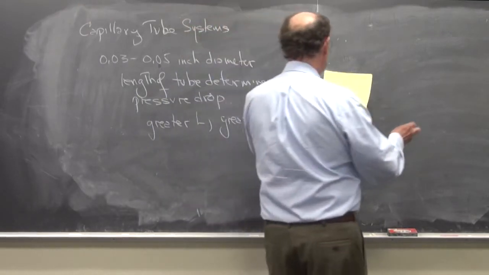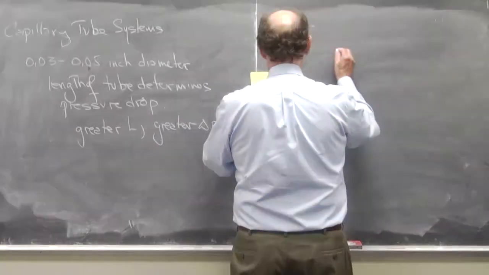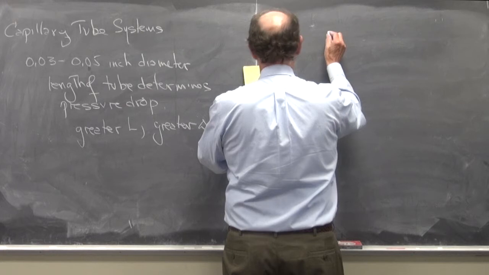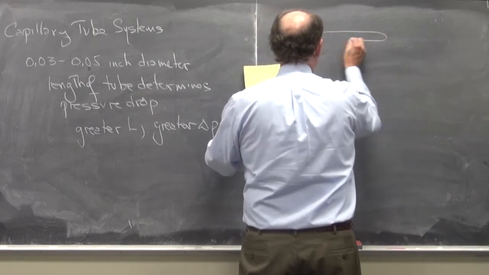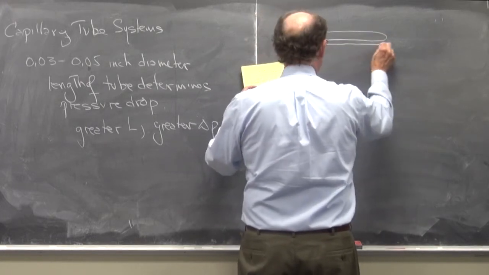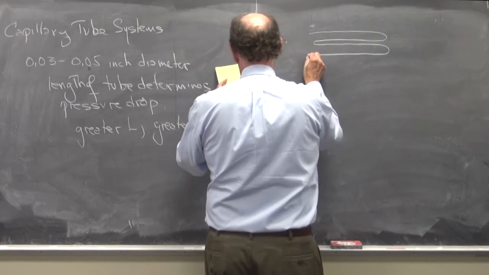So if we look at this, and we'll start with the evaporator up here. So it's a little upside down, but anyway, it's consistent with the text, so that's always a good thing, I think.